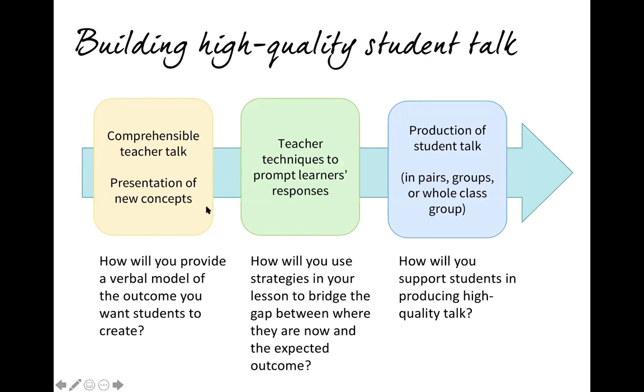But we're moving from comprehensible teacher talk and presenting new concepts and considering how we provide high quality verbal models and written models, through to teacher techniques to prompt good high quality talk in learners' responses and bridge the gap between where their talk is now and where we want it to be. And then finally, the production of pupil talk. And that can be an outcome in itself, something like a presentation or an extended conversation where they try to verbalize their understanding.